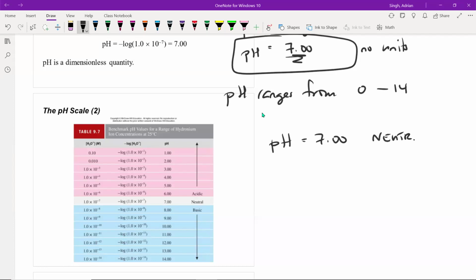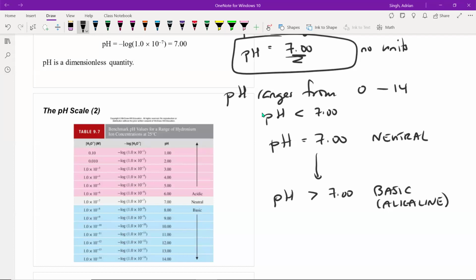Anything greater than 7, so pH greater than 7.00, is considered basic. Another term for that is alkaline. And any pH less than 7 is considered acidic.